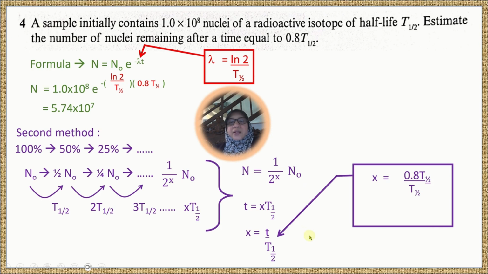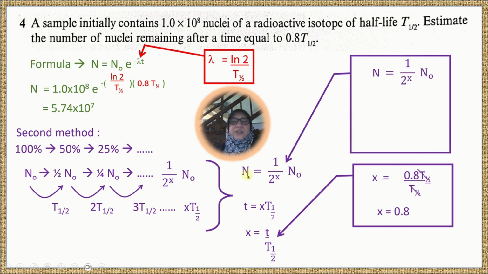This time the question wants the number of atoms remaining, so we work backward. We find x first. x equals 0.8 half-life over half-life. The time taken is given here, then the half-life cancels, we get x equals 0.8, then we substitute into the above equation, so 1 over 2 to the power of 0.8.